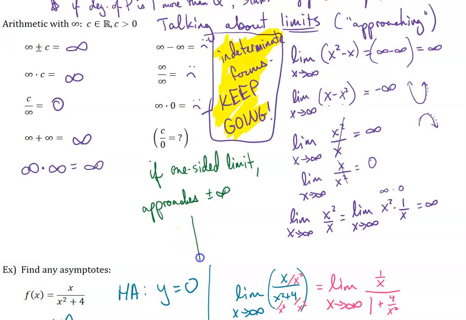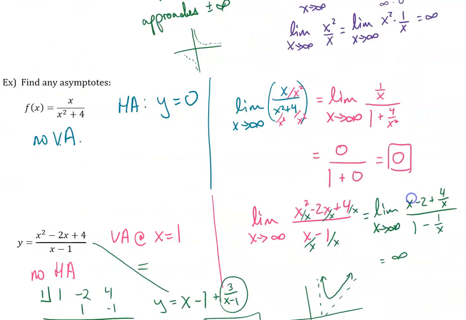So like in the case of 1 over x, as we got really close to 0, so 1 divided by 0, from the right it approached positive infinity, and from the left it approached negative infinity. Okay, sorry, I realized that I didn't finish that in the last video.